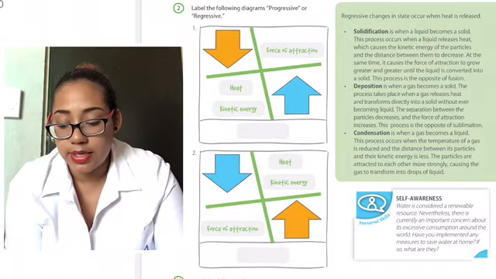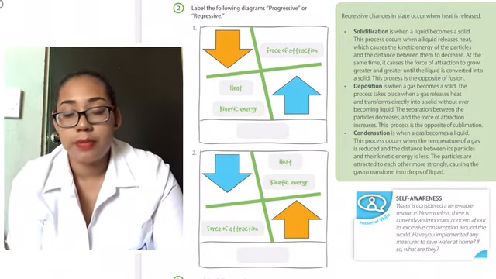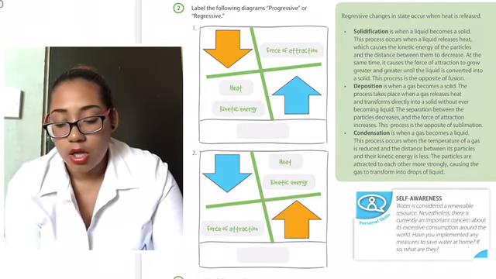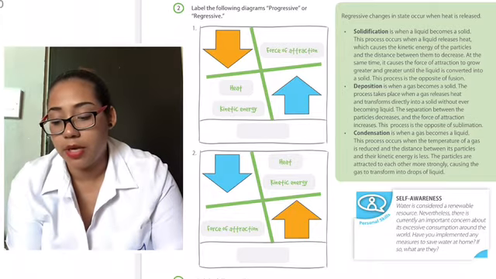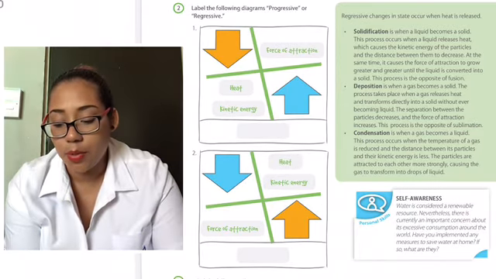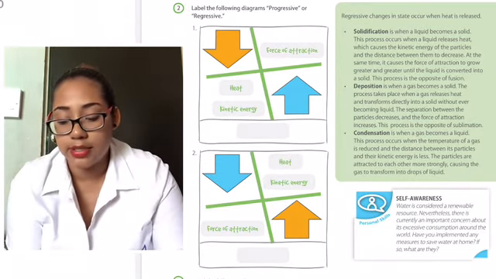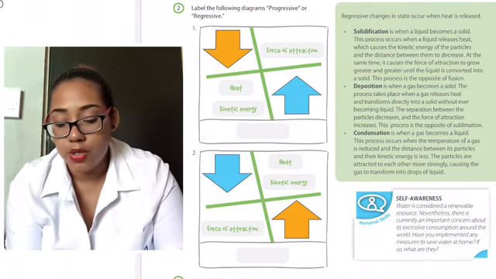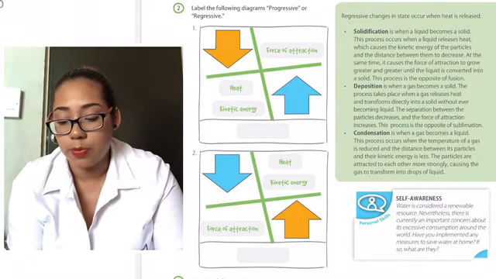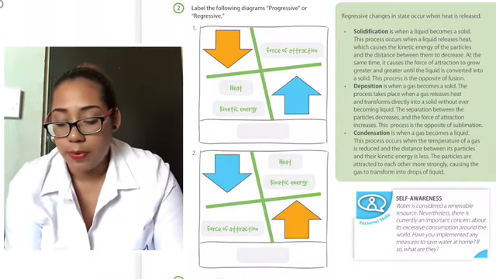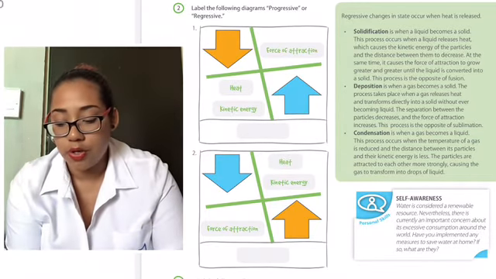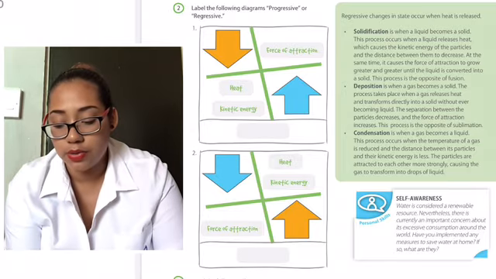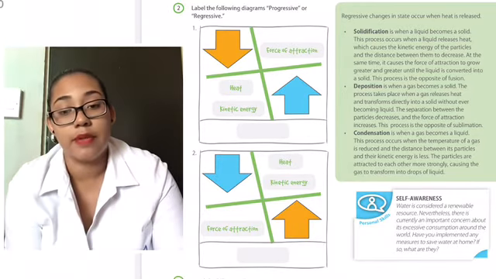This process is the opposite of sublimation. Okay? Condensation is when a gas becomes a liquid. This process occurs when the temperature of a gas is reduced and the distance between its particles decreases. Their kinetic energy is less. The particles are attracted to each other more strongly, causing the gas to transform into drops of liquid.